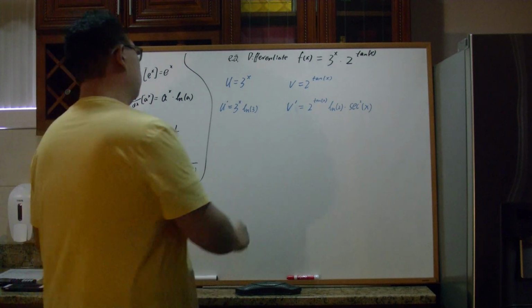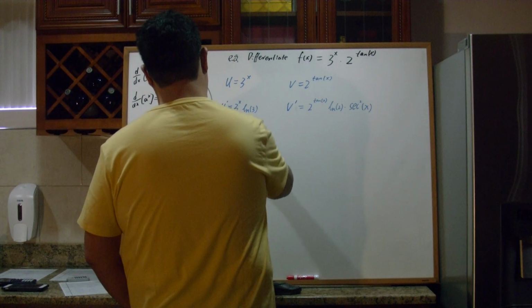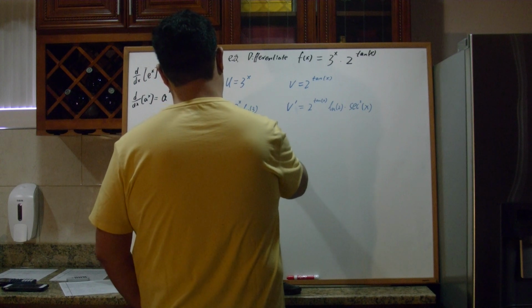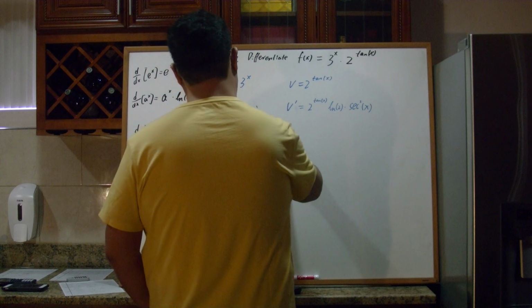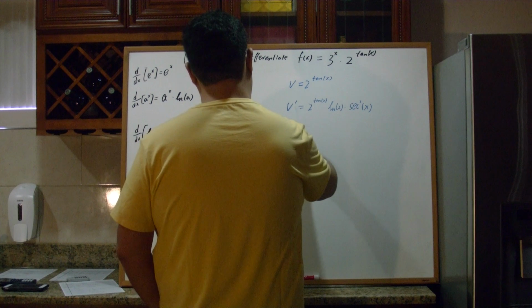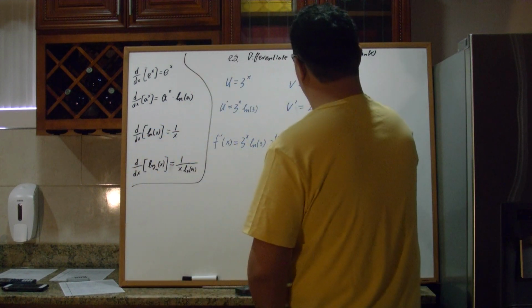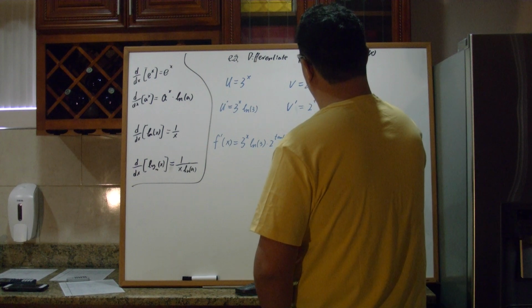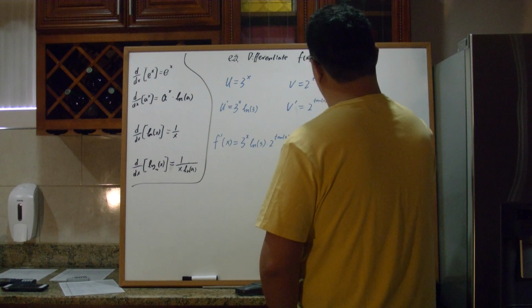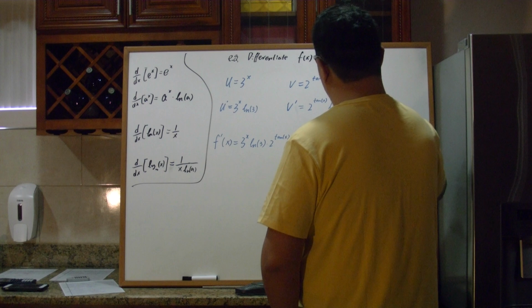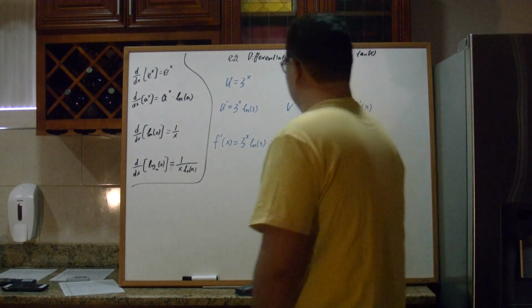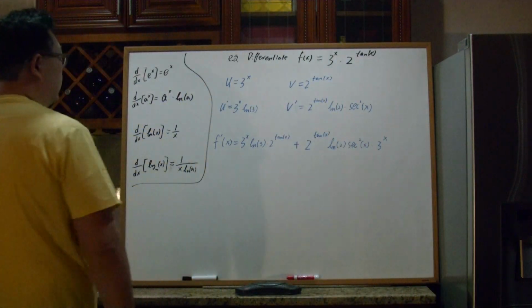Then to write everything together, f prime of x is u prime v plus v prime u. Well, no matter which order you want to keep it.